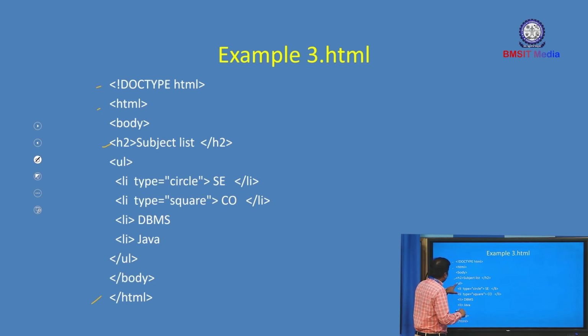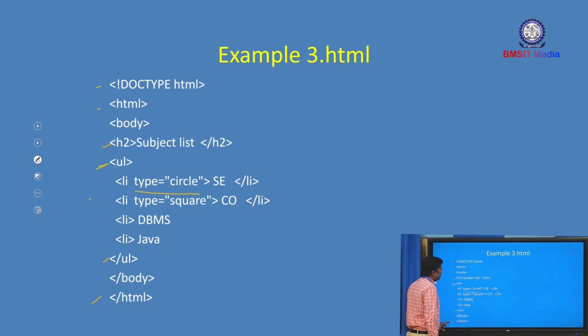Next, here UL means unordered list. Begin here, ended here. In this I am going to list it out. LI, and you terminate or end that list item with /LI. And here I have written a type.